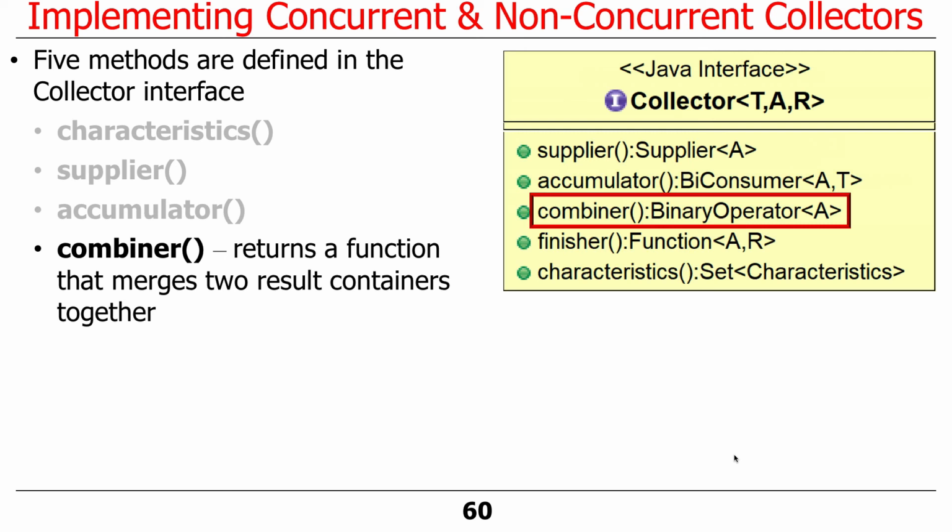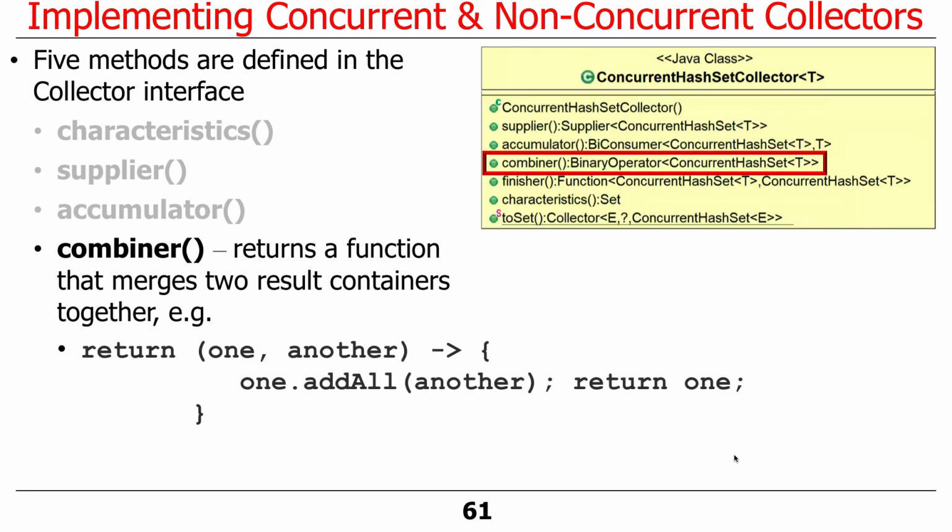Now, if we have a non-concurrent collector, then we've got to have this merge phase, this combination phase. And the combiner is basically going to be a factory method that returns a function that merges two results containers together. So if this is a non-concurrent collector, then we need to be able to have code that merges the elements.